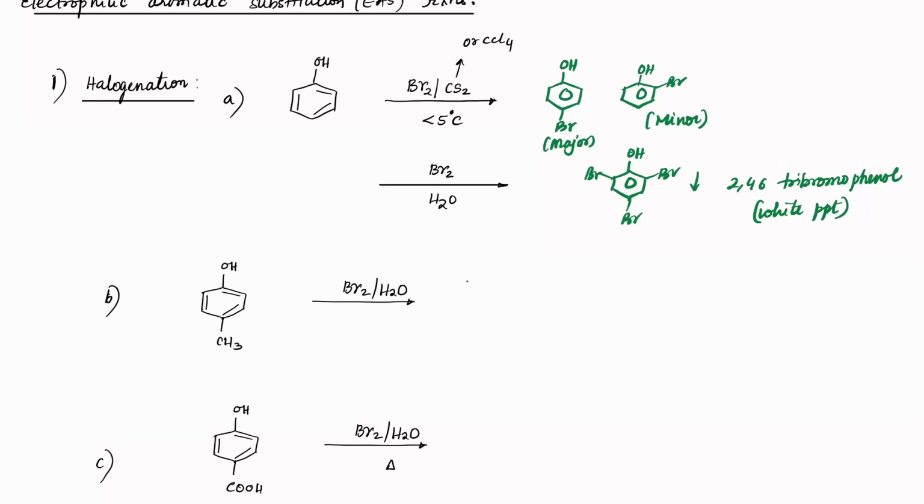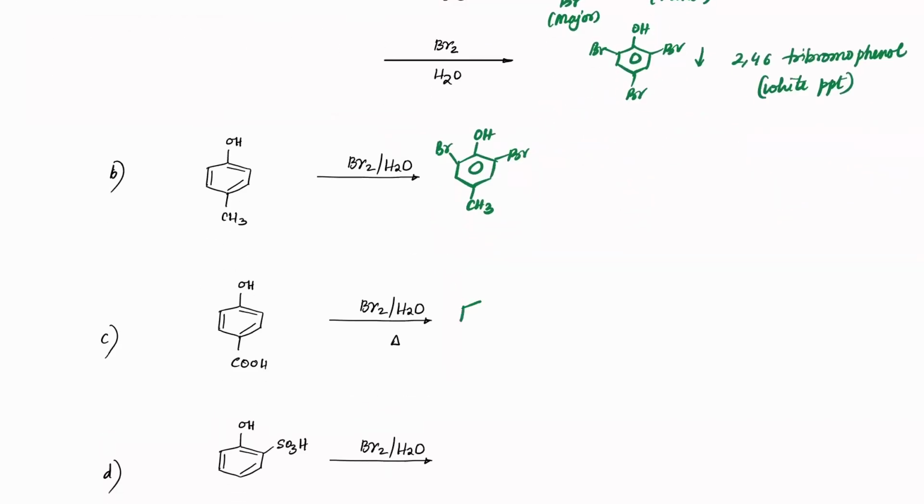Sorry, next reaction. In the next reaction, you see there is already a CH3 existing. So in that case, you will have to make bromination only at these two ortho positions, that CH3 will remain. Okay. But you got to remember one thing, guys. When it comes to COOH, let me revise this concept once.